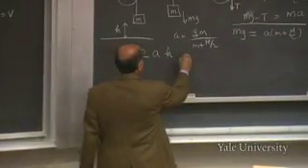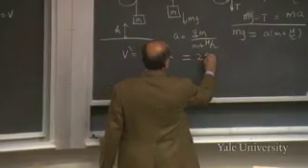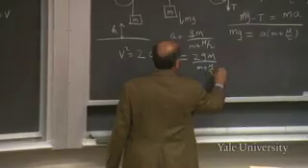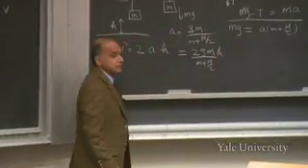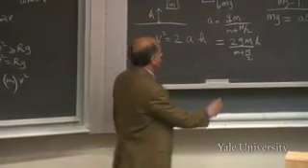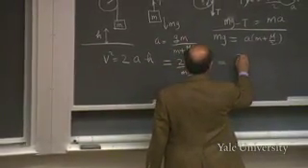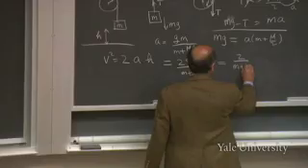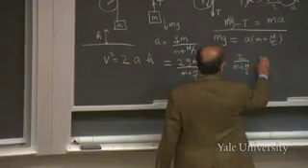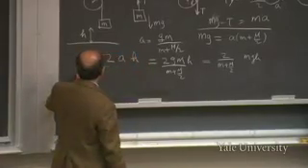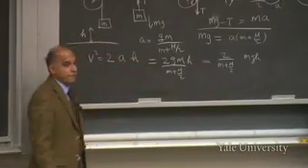So let's put that in. 2A is this number here, m over m plus M over 2, times g, times h. So I'm going to write it in a very suggestive form as 2 over m plus M over 2 times mgh. Anyway, that's the square of the velocity when the block hits the ground.